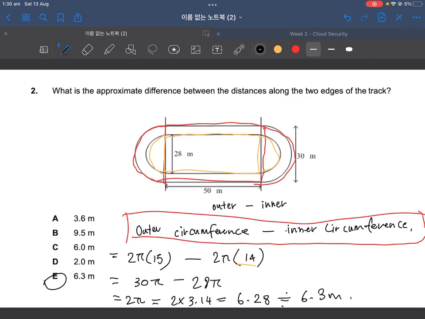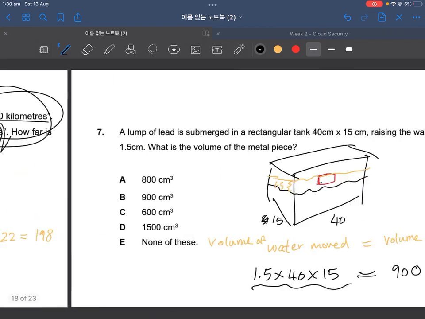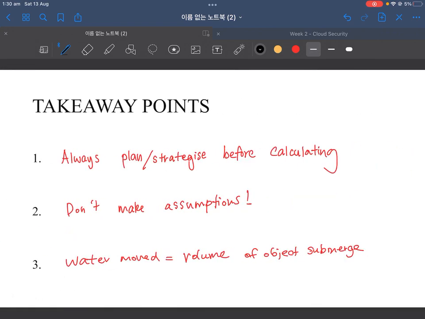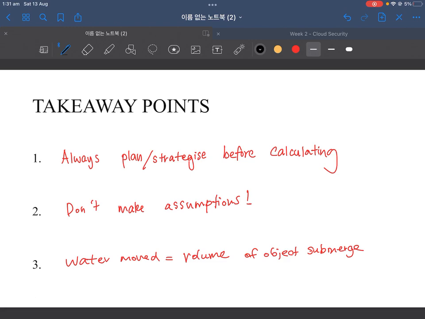Whilst planning, we noticed that there's no need to put the calculations of the sides of 50 meters length into the equation itself, because it's a waste of time. Because 50 minus 50 is 0. So the difference isn't found in these distances here. It's found in the circumferences itself. So that's why I say always plan and strategize before calculations, because it always saves time, even though it may look like it takes time at the moment.